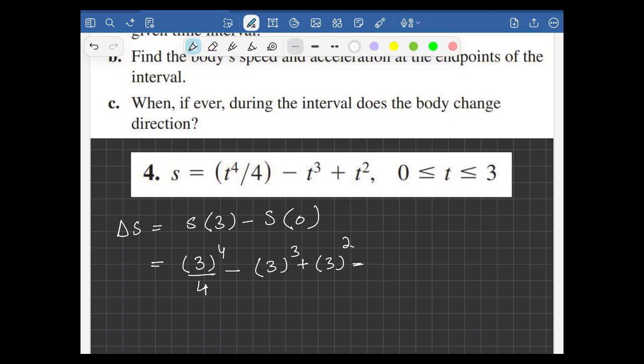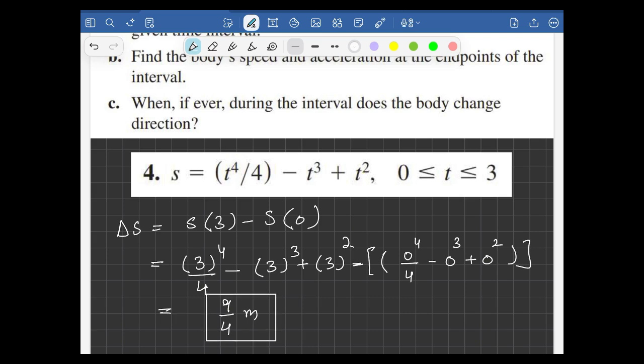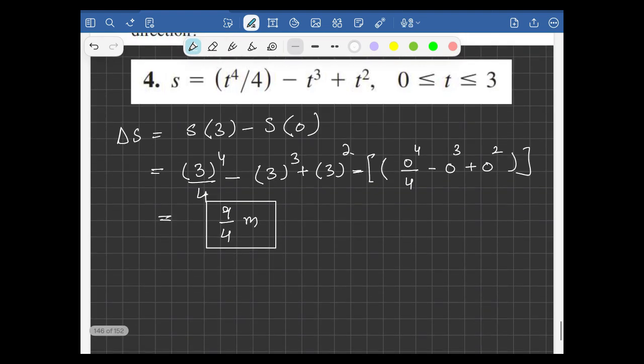Okay, so negative sign, bracket, and now for 0, it's 0 raised to power 4 divided by 4 minus 0 raised to power 3 plus 0 squared, so everything becomes 0 actually. Alright, so the final answer becomes 9 by 4 meters. That's the displacement.